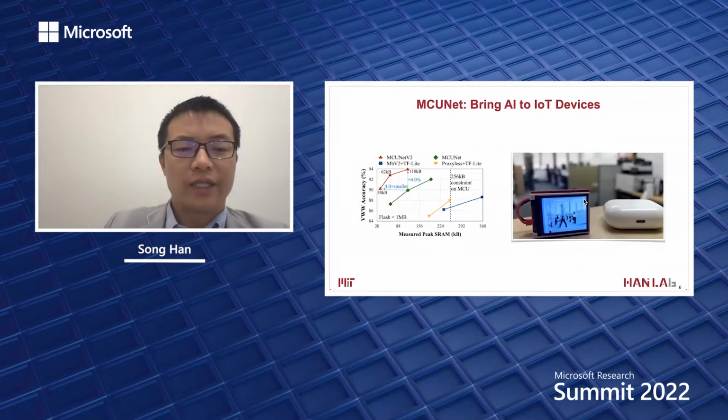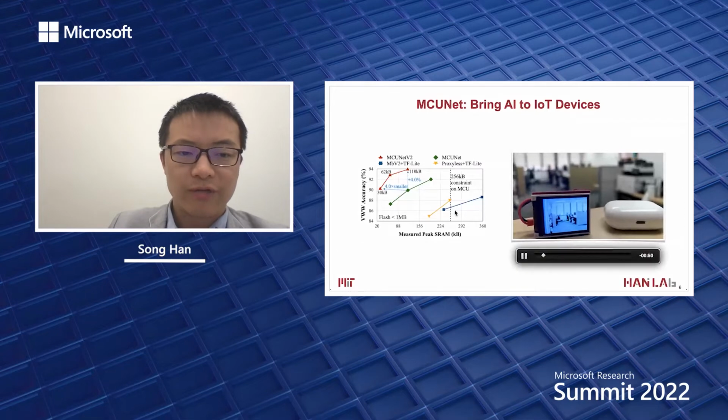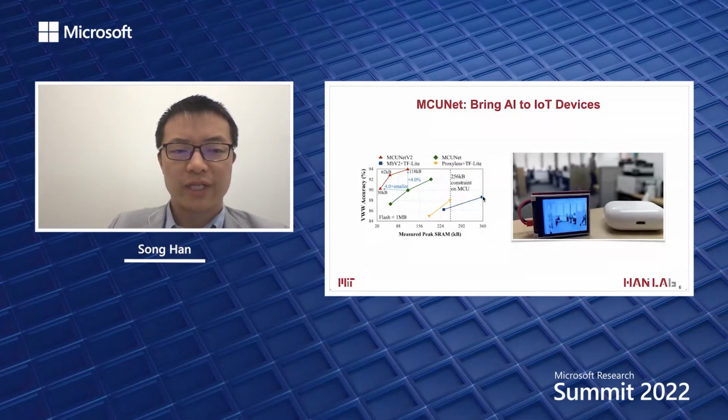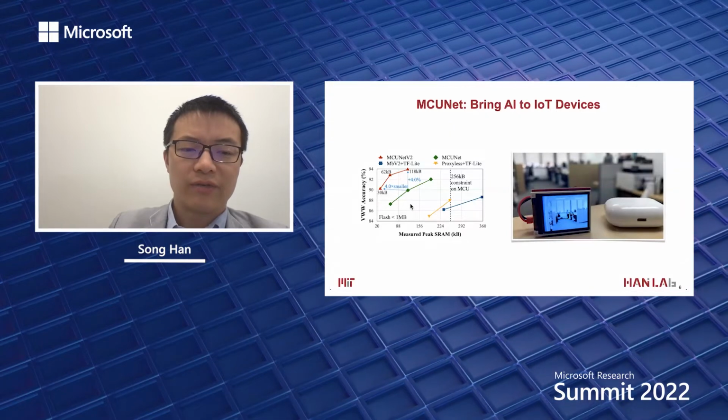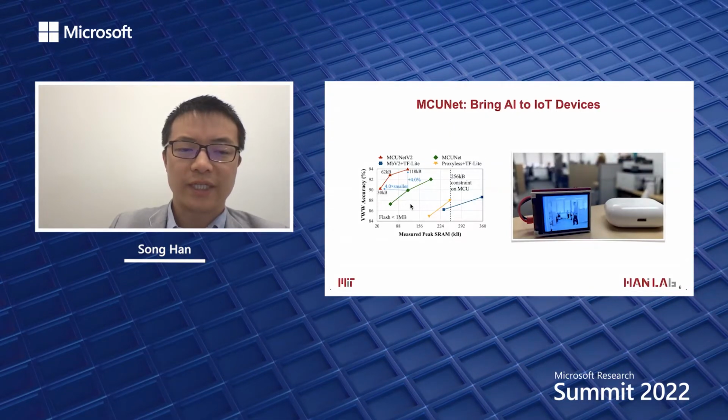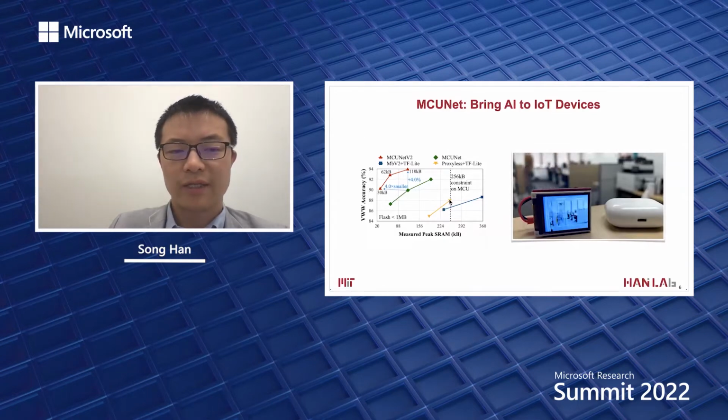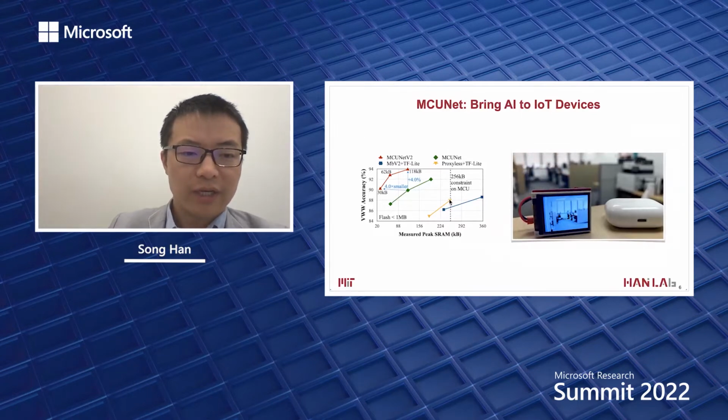here's the demo. On the left-hand side, the blue curve is the baseline of MobileNet V2 plus TensorFlow Lite Micro, which can achieve about 88% top-line accuracy on the visual wake-words dataset by detecting person. The yellow curve is our 2019 result, where we can achieve about 88% accuracy with 256 kilobytes of memory.